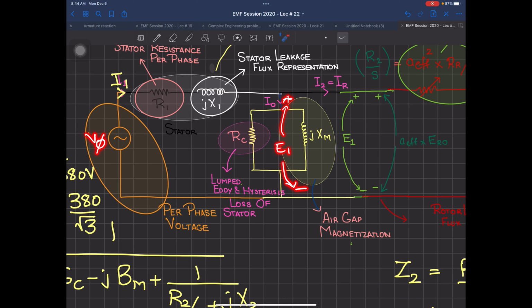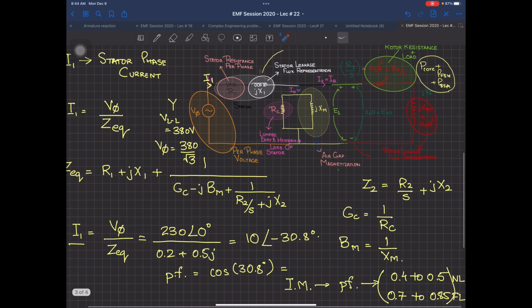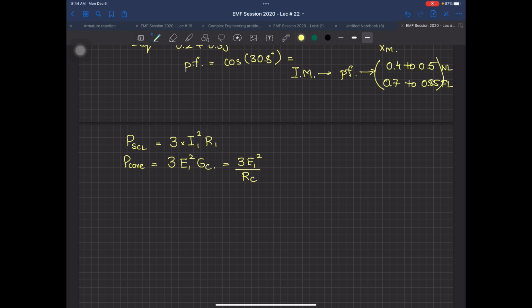Of course, V phase is the input voltage. So after getting a drop here and after getting a drop here, you are going to get E1 over there. So if you are asked to find out first of all E1, then what you will do, you will find out E1 equal to V phase minus I1 R1 minus I1 X1 and certainly, this equation has to be solved in phasor form.